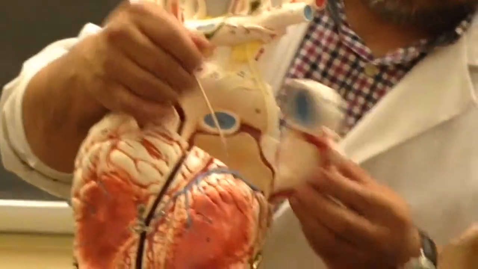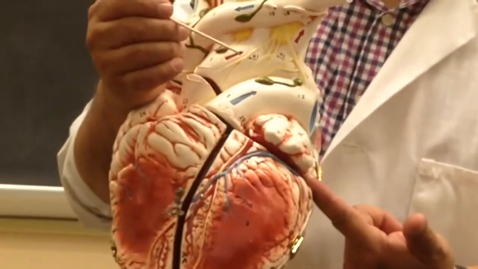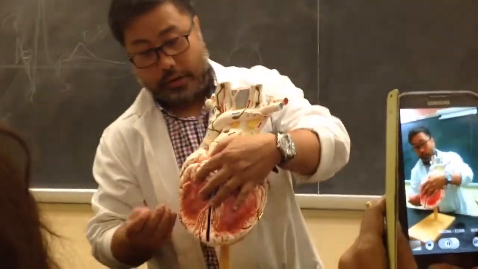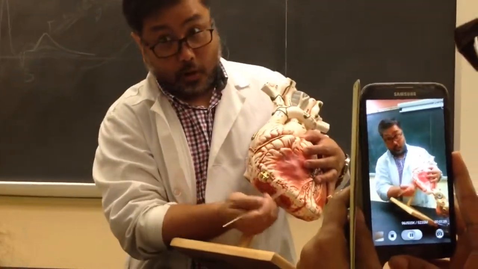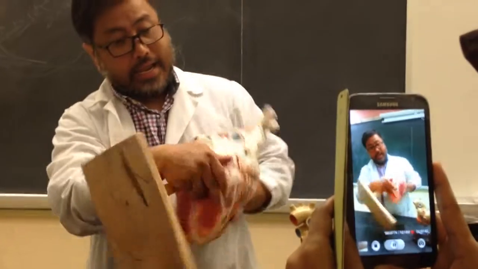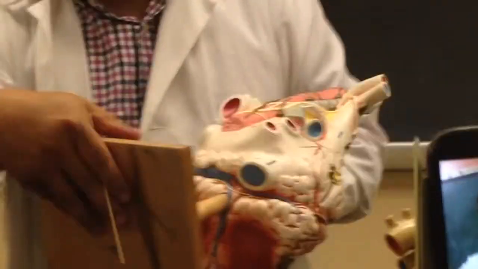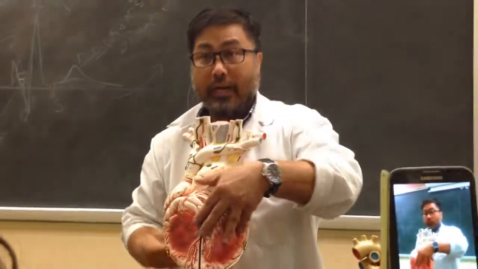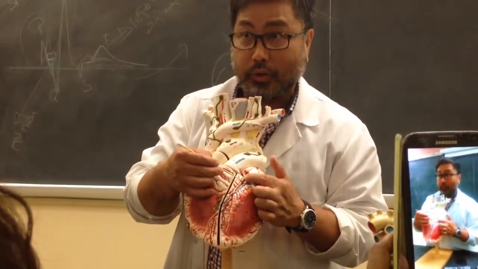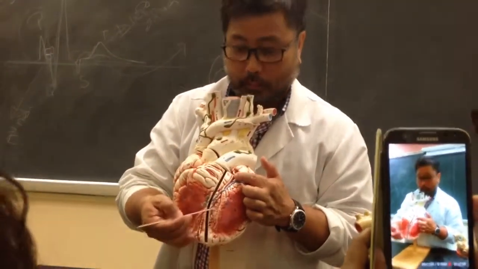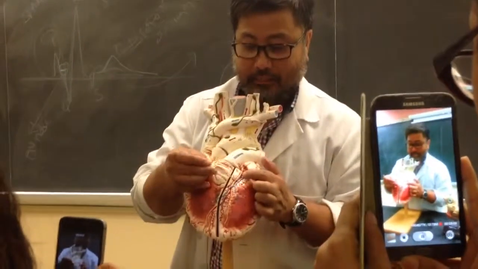And then this one right here that comes across is the circumflex. The right coronary artery gives rise to this one. Posterior. This is the marginal, it's on the margin. And in the back is your posterior interventricular artery, right? Now, remember, blood in the anterior interventricular artery goes down. But running along the anterior interventricular artery is this vein.